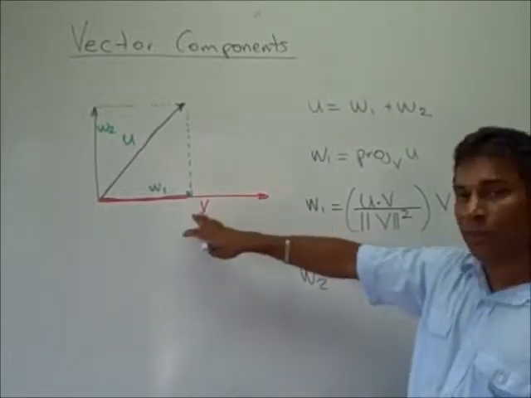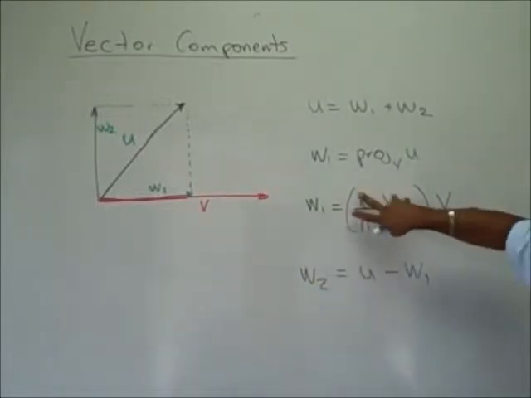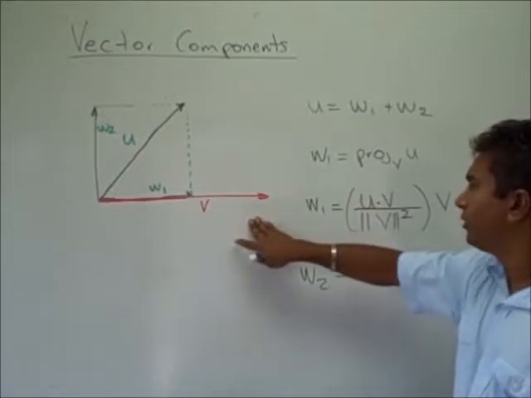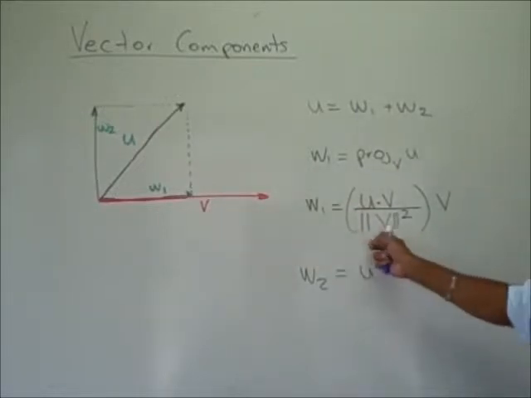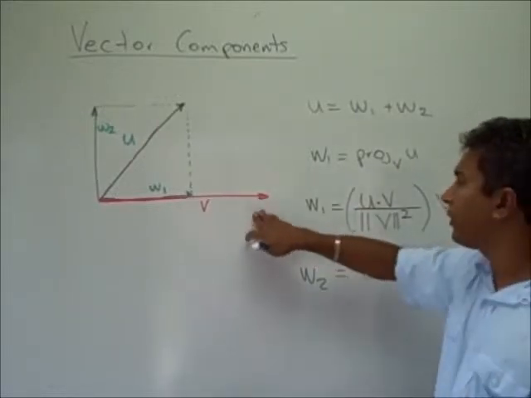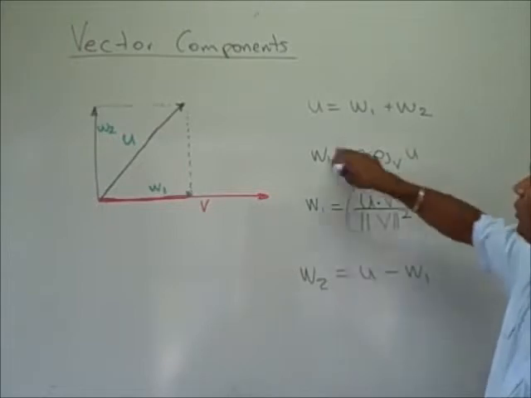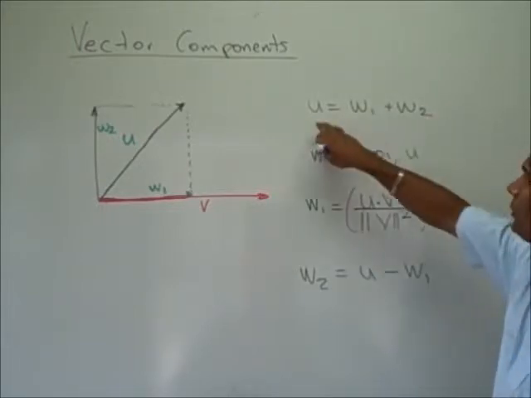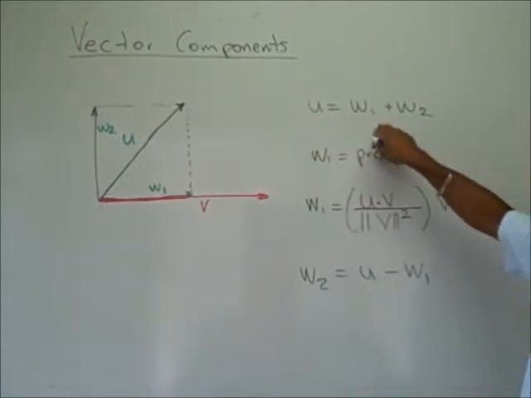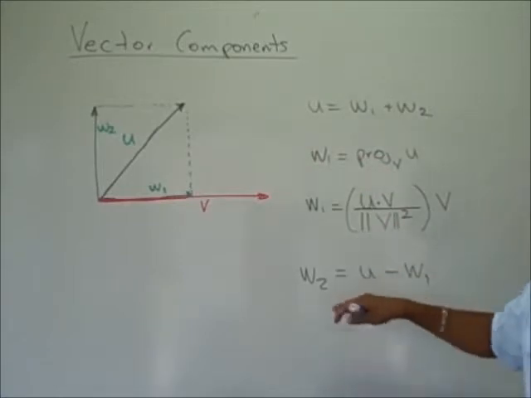So to find this projection, once again, it's the dot product of the two vectors divided by the magnitude of v squared, times the vector itself, v. Now to find w2, we know that w1 plus w2 is equal to u. So if we subtract w1 from u, that will give us w2.